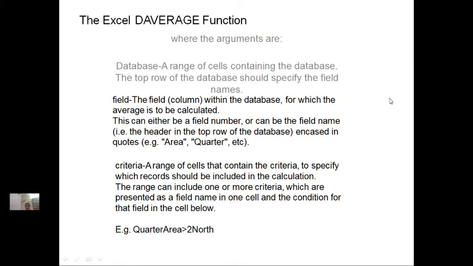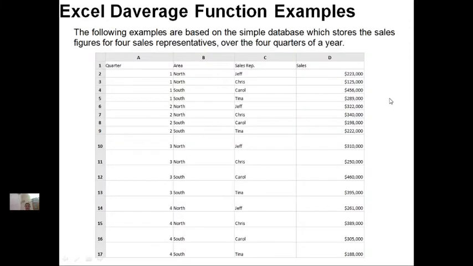Now let us go to the next slide. In this slide he is taking an example for explaining the daverage function. Here we have a simple database which stores the sales figures for four sales representatives over 4 quarters of a year. The 4 sales representatives are Jeff, Chris, Carol, Tina.